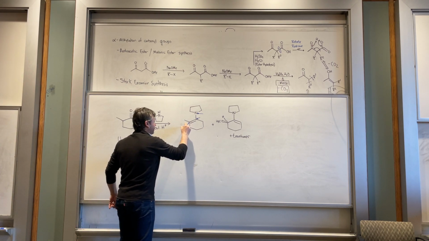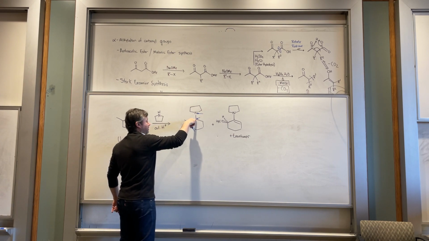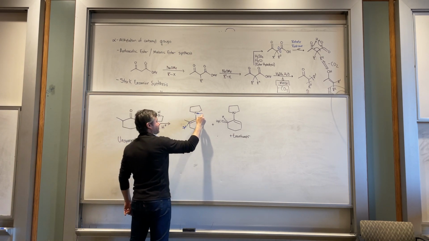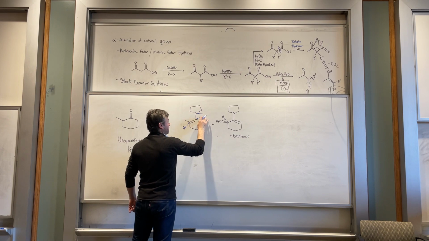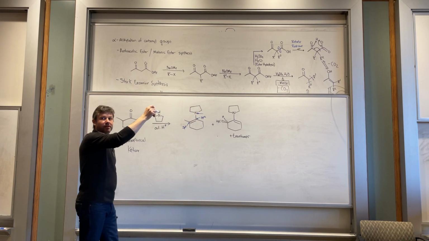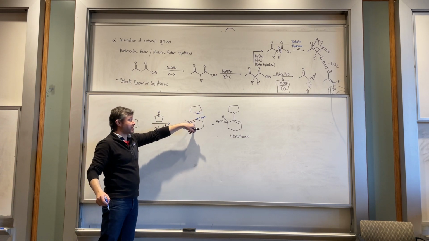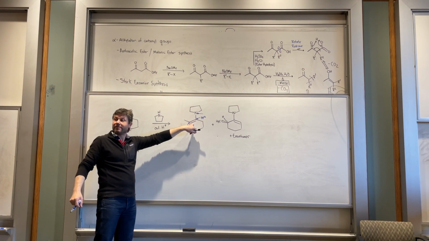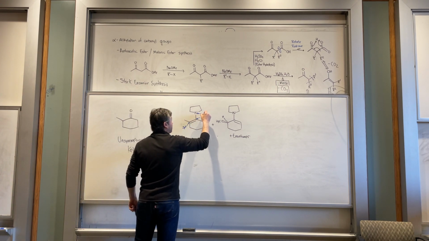So trigonal planar, SP2. What about this one here? SP2. What about the nitrogen? Remember the nitrogen is in conjugation with the pi system, so it's got to be SP2 as well.